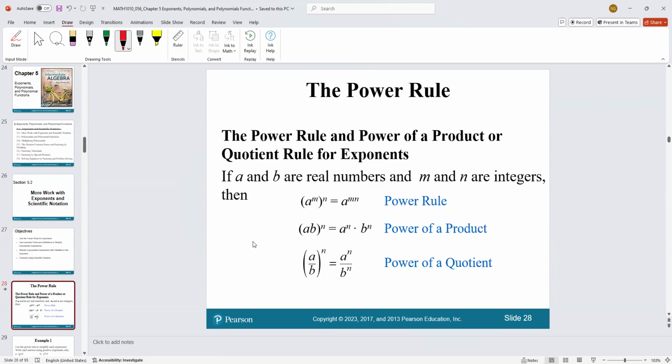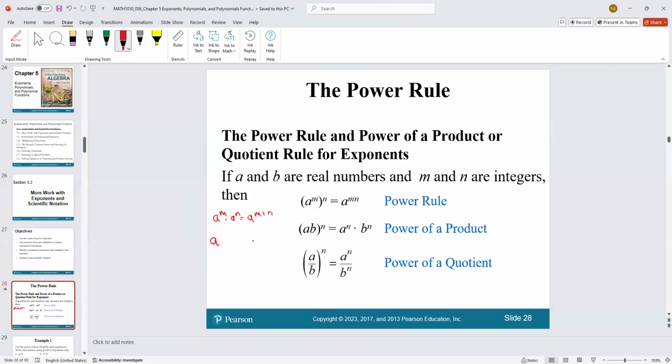If A and B are real numbers and M and N are integers, then for a power of a power, we multiply the exponents. As I recall, if you have a power m times a power n, remember we add the exponents. We covered this part already.